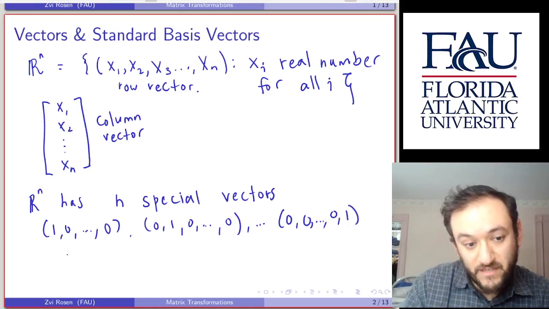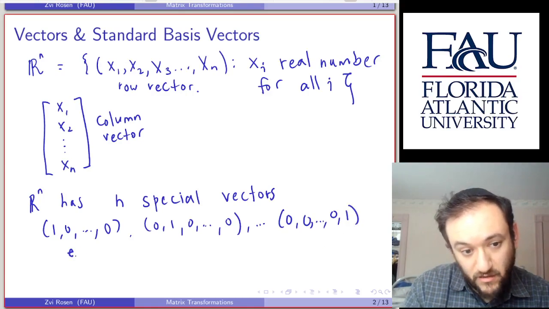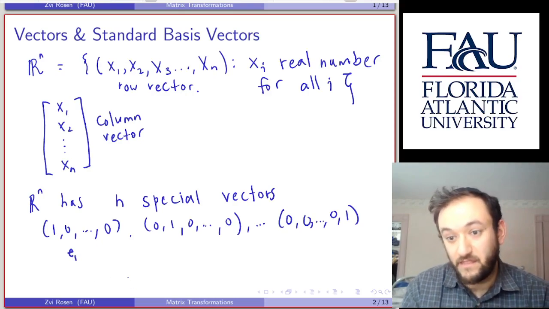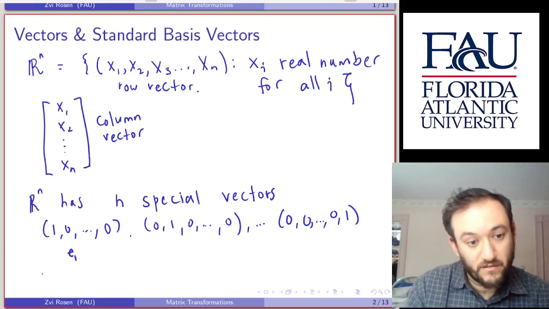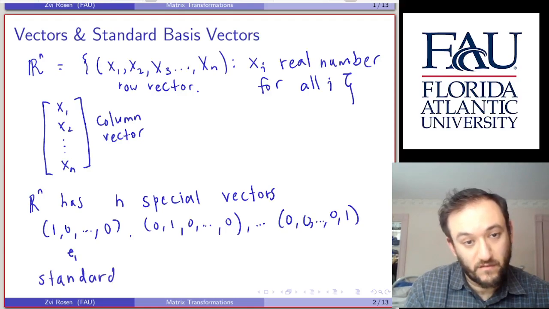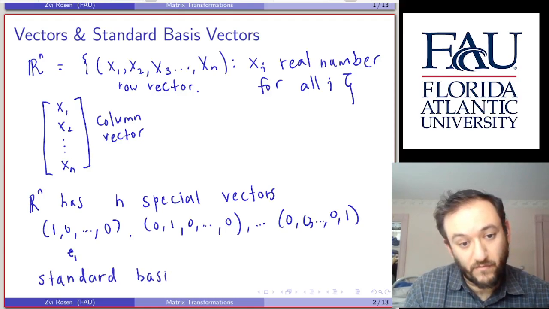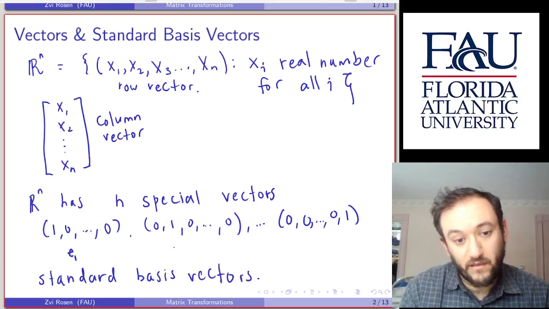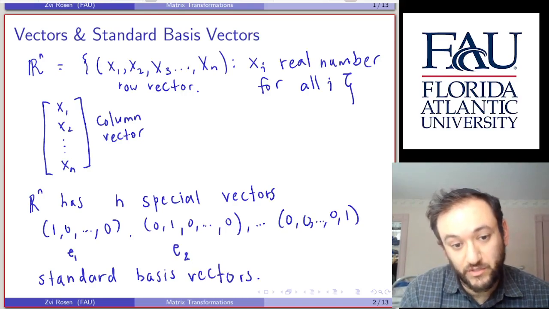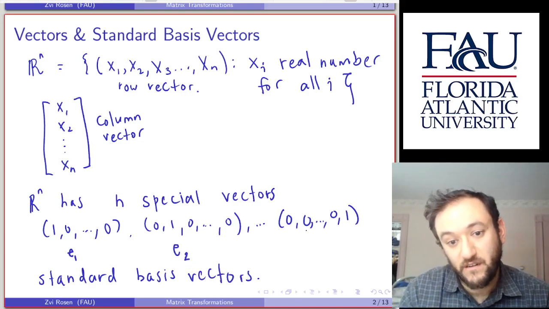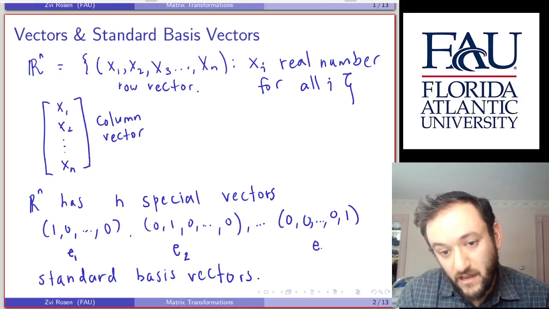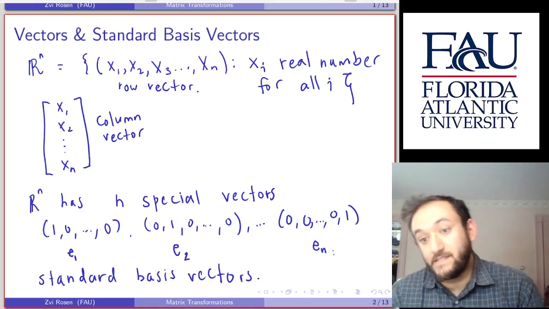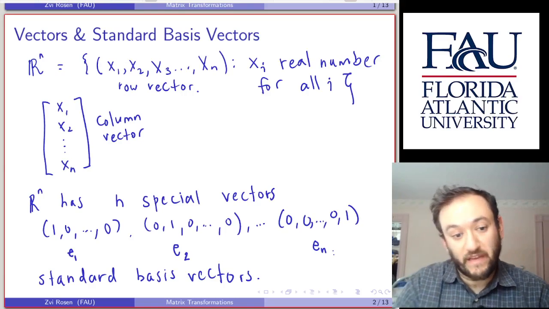Now this vector is called E1, or the first standard basis vector. Okay, so these are called standard basis vectors. This vector is called E2, or the second standard basis vector. And then this one is called En. That's the nth standard basis vector.